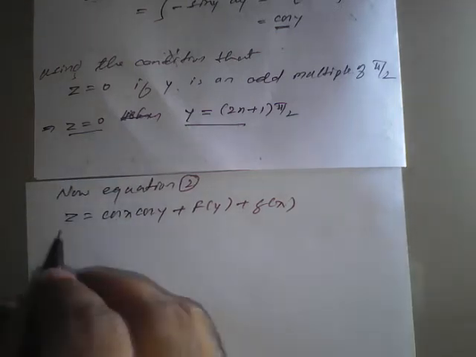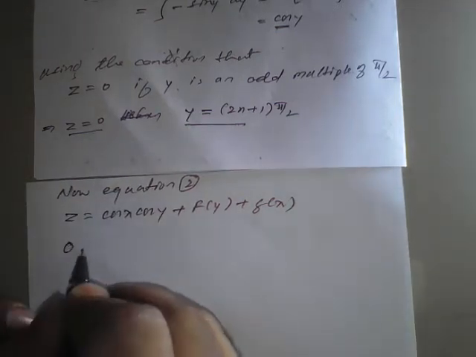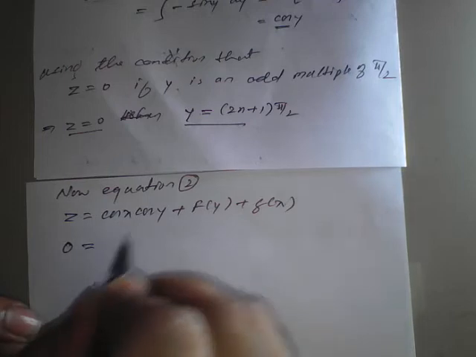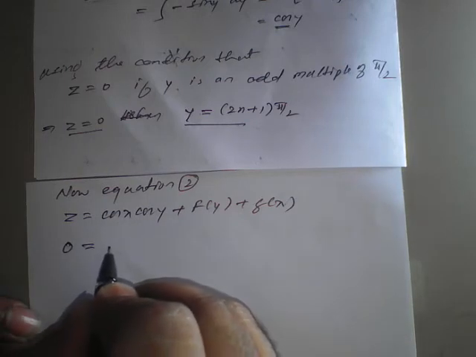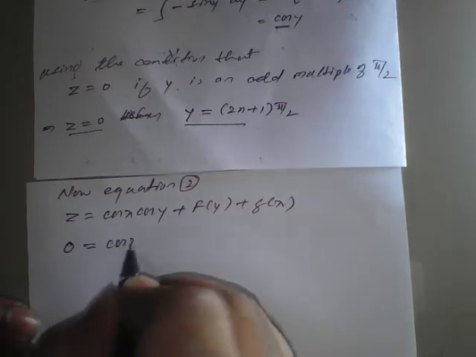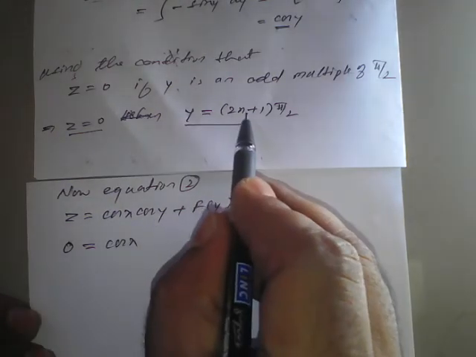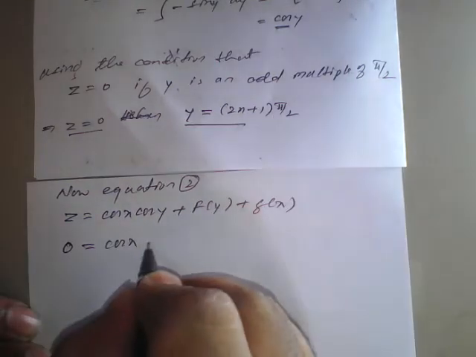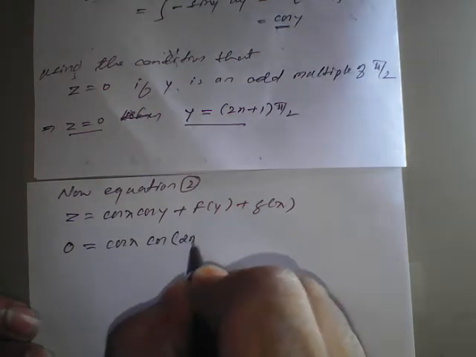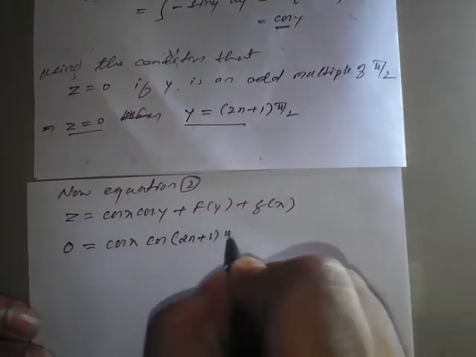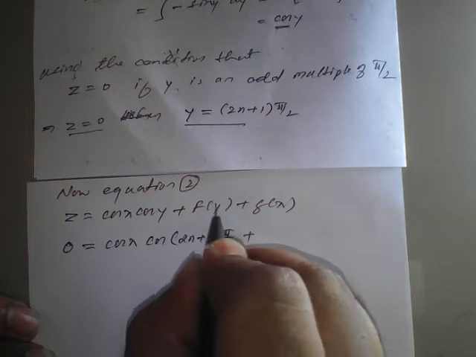When z is 0, apply 0 is equal to cos of x as it is, then cos of y, the y value is (2n plus 1) of pi by 2, so cos of (2n plus 1) of pi by 2 plus f of y.